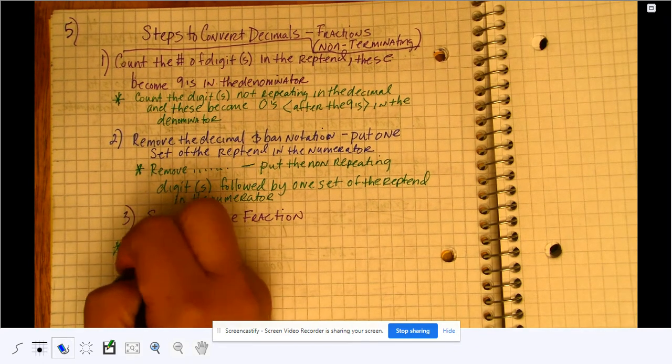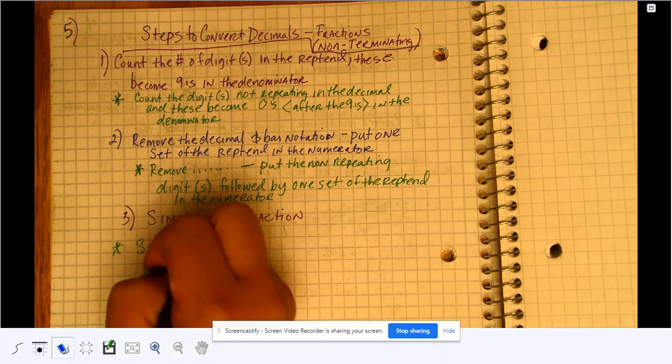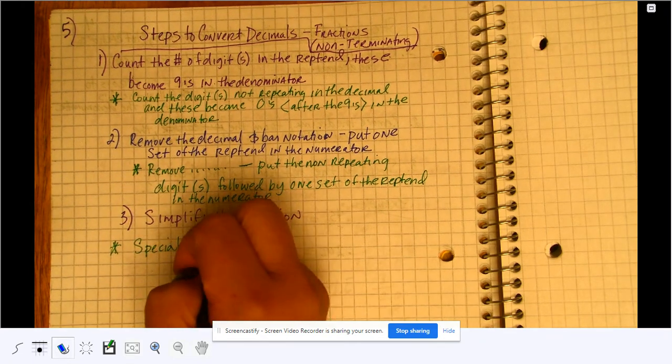So the asterisk is a special situation. This doesn't happen often.